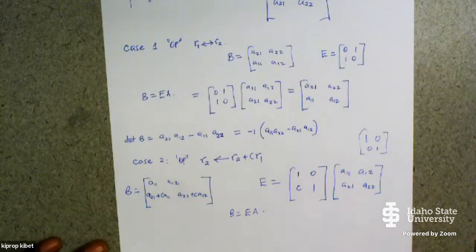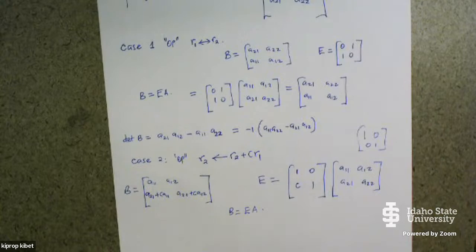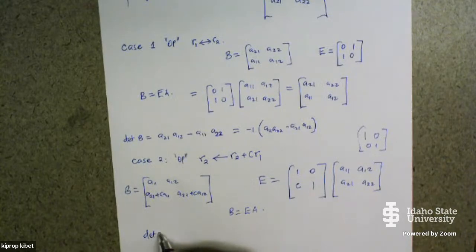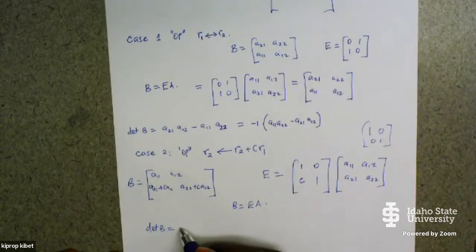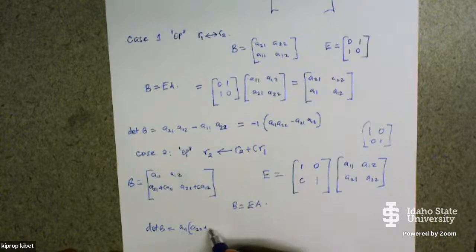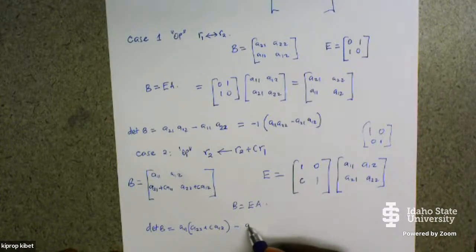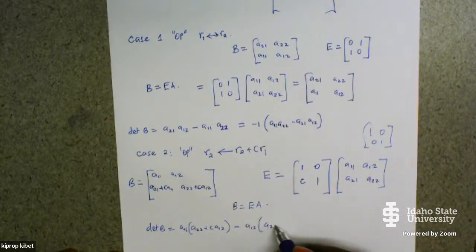If we do the determinant here, the determinant of B is equal to what? A11 multiplied by A22 plus CA12, minus A12 multiplied by A21 plus CA11.